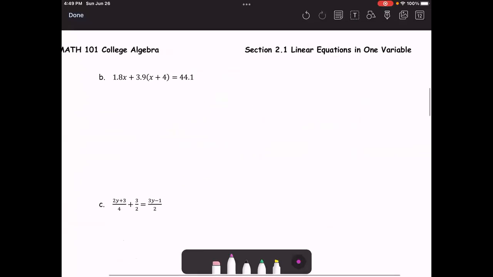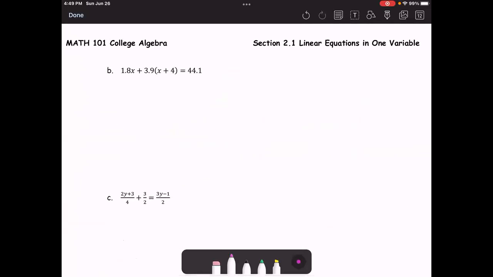The next example, we have the expression 1.8 times x plus 3.9 times quantity x plus 4 on the left equals 44.1. In this case, the variable is x. We see x terms with the 1.8 times x and the x as part of the quantity x plus 4.